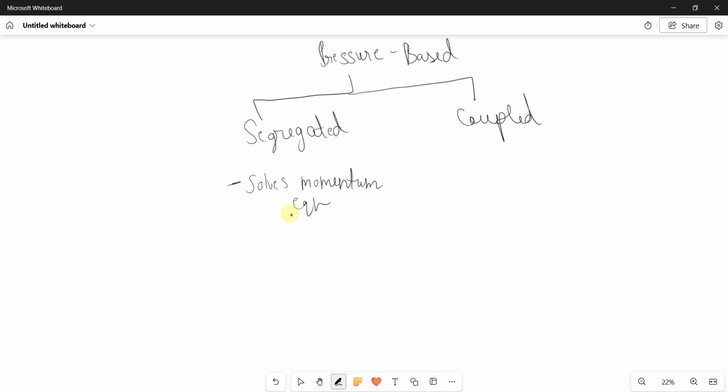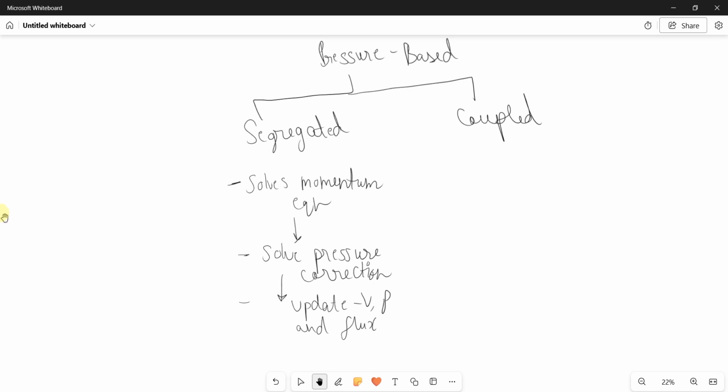So then you go to the part where you solve for pressure correction. Then you go and update V, P, and flux.